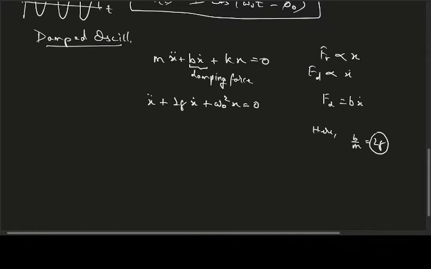So when you solve this equation, you take again the trial solution as simple as x equal to a e to the power mt. I told you why the exponential solution.